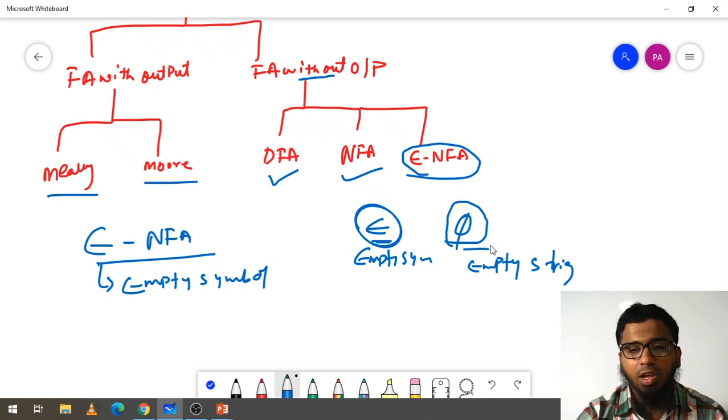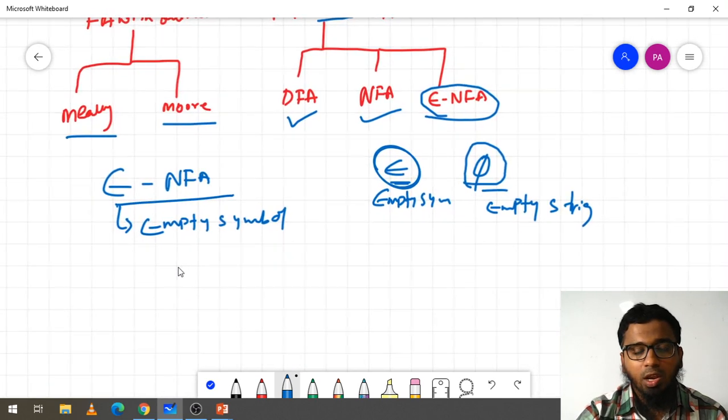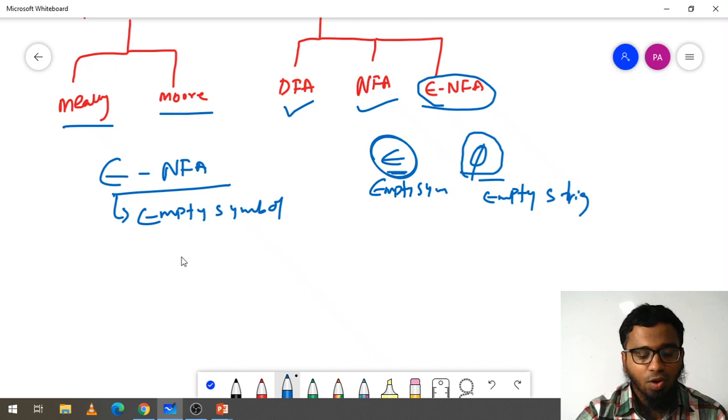Phi is also empty, epsilon is also empty, but whenever we have the empty symbol epsilon, you can perform some operation. But if you have a phi, it will not go to any other state. If we have the epsilon, it will go from one state to another state or the same state itself. So this is a simple difference between epsilon and phi.